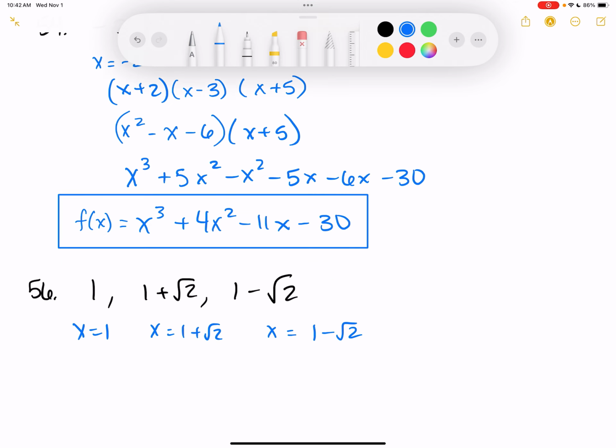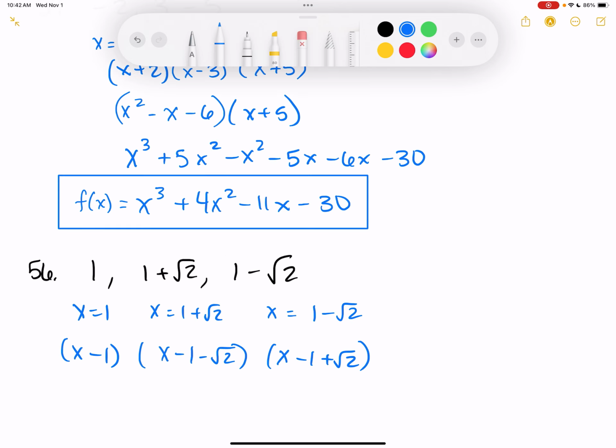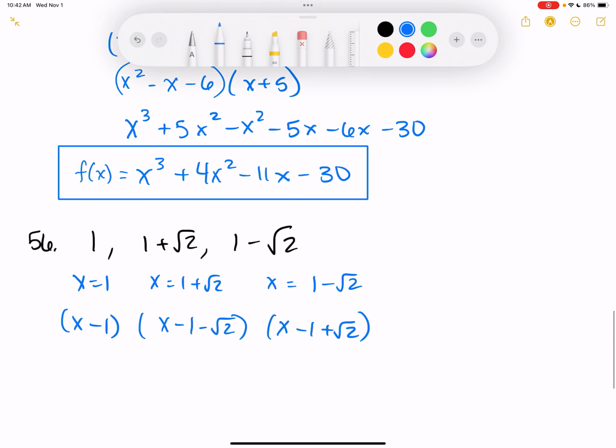Because then my factors that I'm multiplying become x minus 1 minus the square root of 2, and x minus 1 plus the square root of 2. People just get the signs wrong with that a lot, which is why I try to train your brain this way from the beginning so that you don't get confused. But anyways, I'm not going to actually multiply that one through, but you can if you get ambitious later.